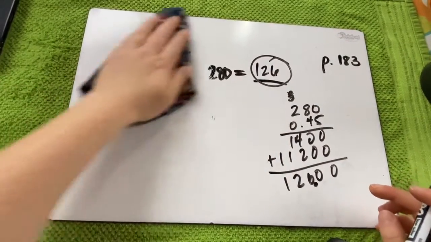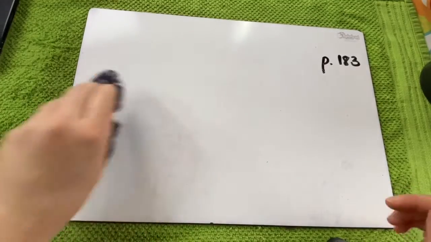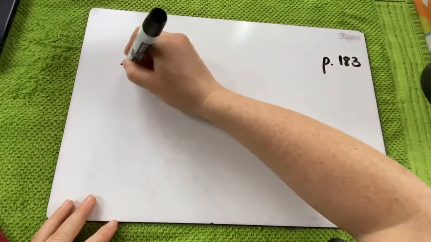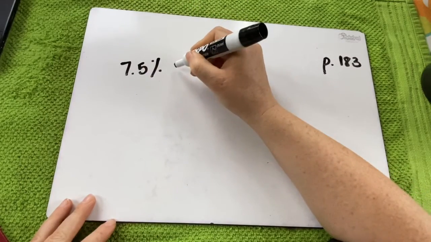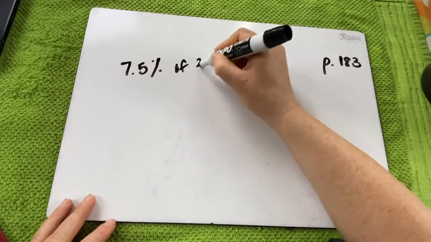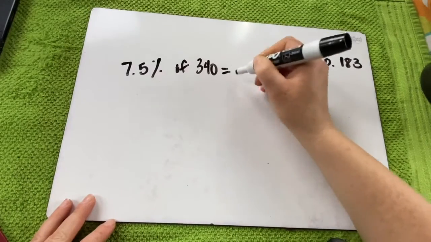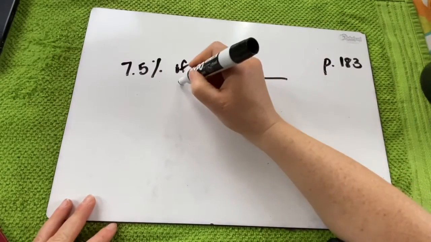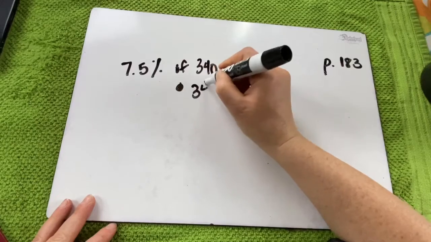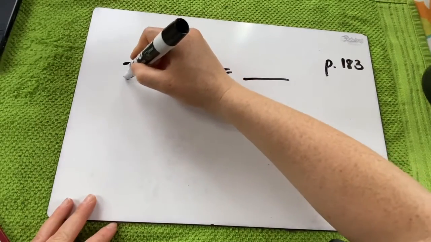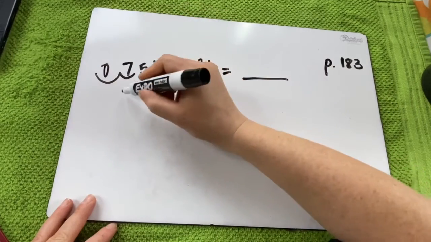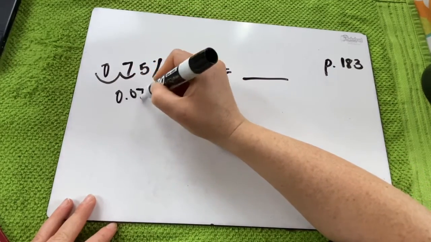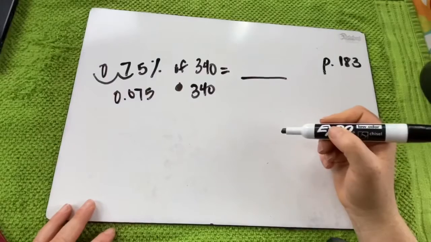Okay, let's do another one. Okay, so 7.5% of 340 is, okay, remember this means times. We got 340, and we have to move this 1, 2 over 2 to get this percent, or 0.075, like that.